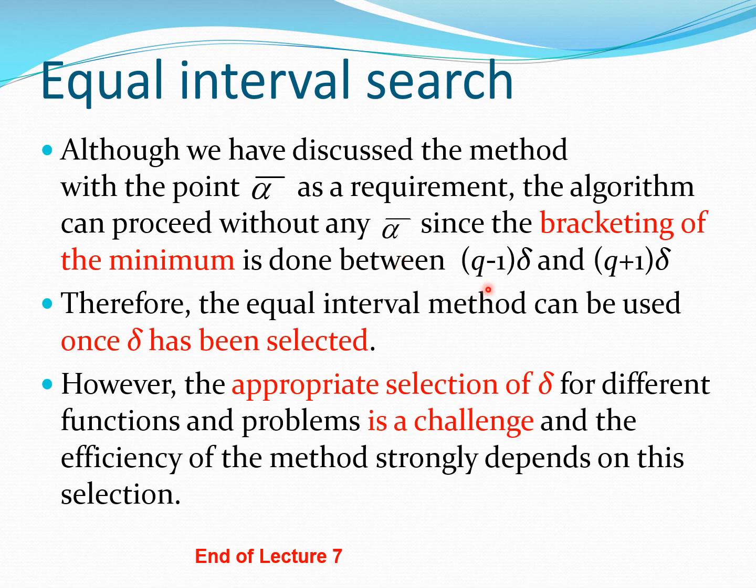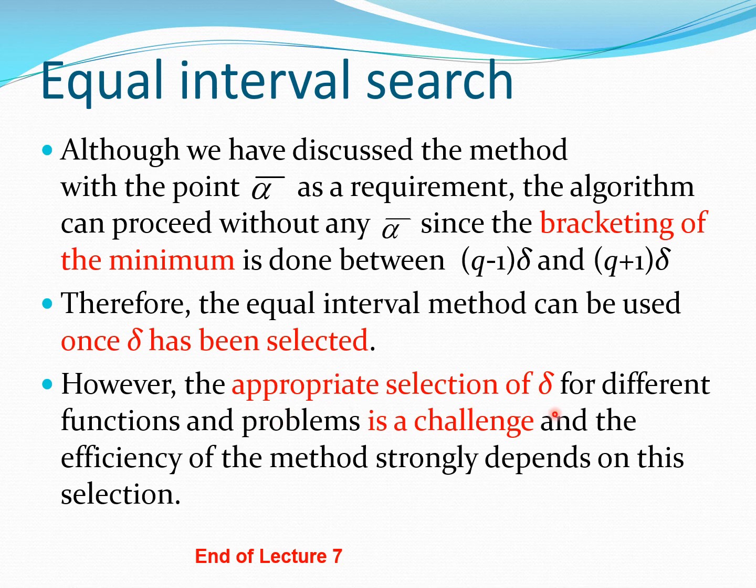The minimum is done between q minus 1 delta and q plus 1 delta. So therefore, all you need to do is you need to select this particular delta, and once you have selected this, you can continue going down this interval search.